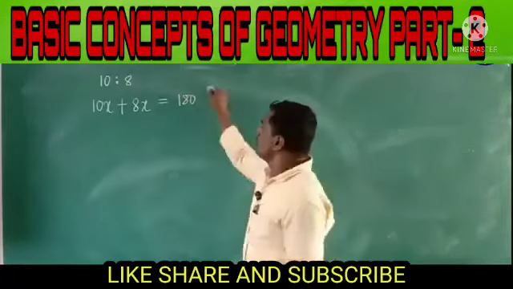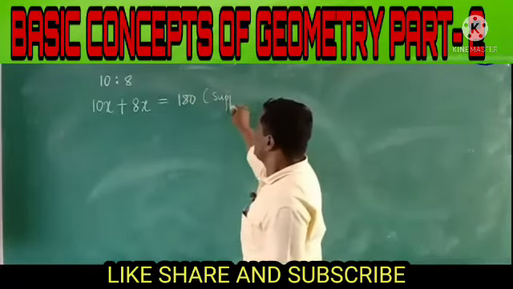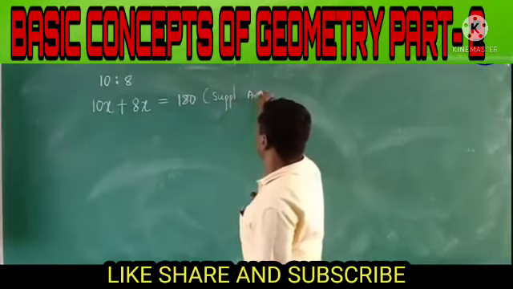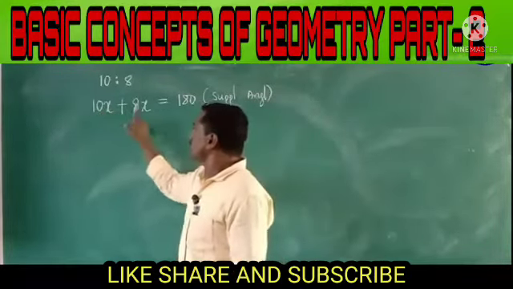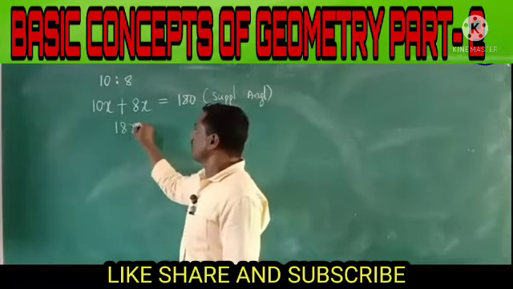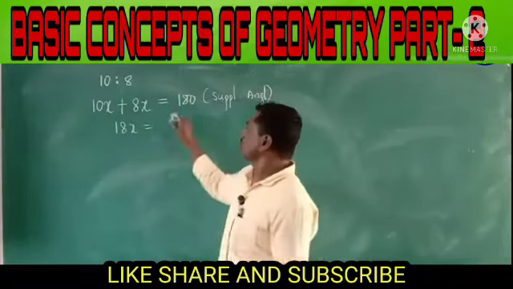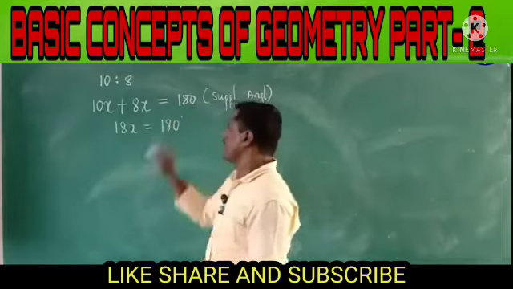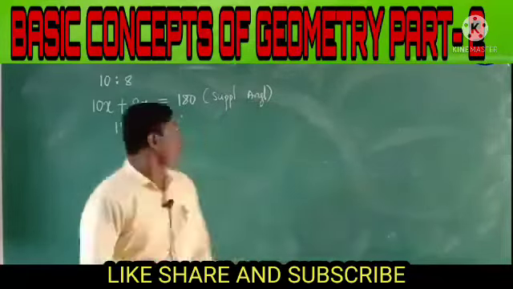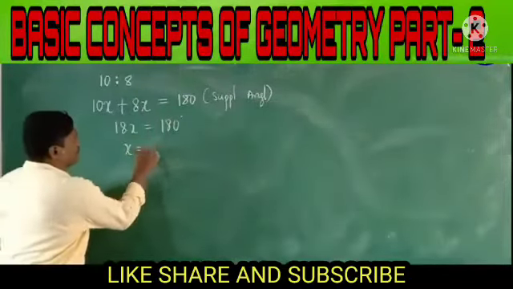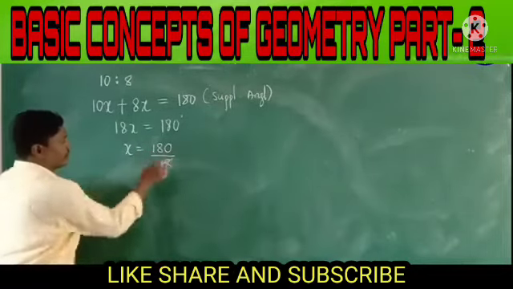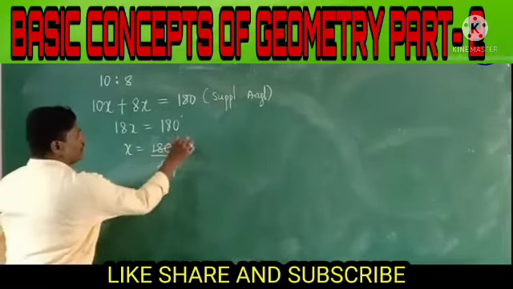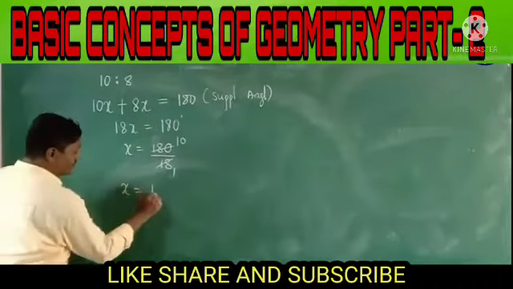So these two are called supplementary angles, right? 10x plus 8x, 18x. 18x is equal to 180 degree. So x is equal to 180 divided by 18. Again x value is 10.